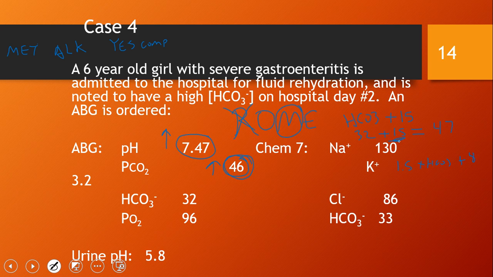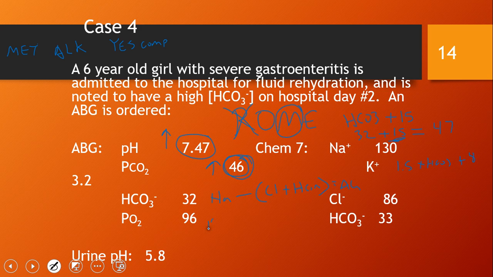Next thing you're going to do is check the what? That's right, you check the anion gap. So remember the anion gap equation? You take sodium, minus chloride plus bicarb. That's going to equal your anion gap. So let's do that.